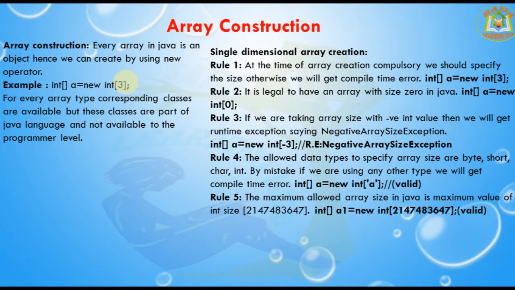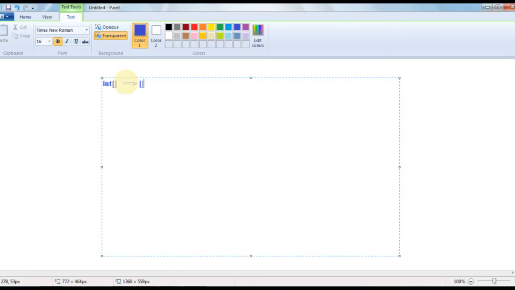Rule 1: at the time of array creation, compulsorily we should specify the size. Otherwise, we will get a compile time error. For example, int[] a = new int[3]. This is valid.